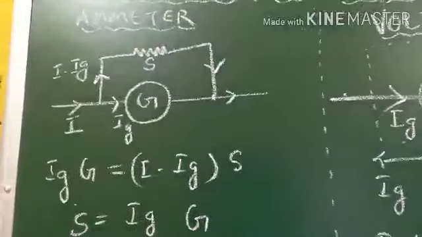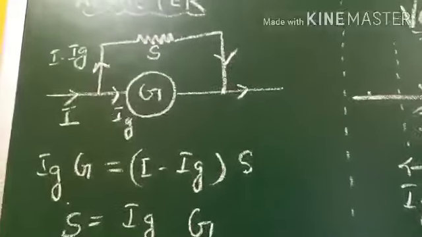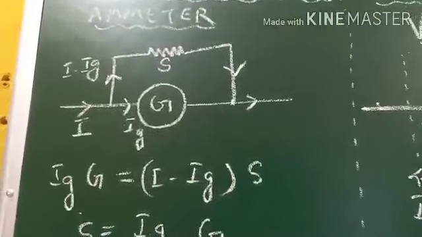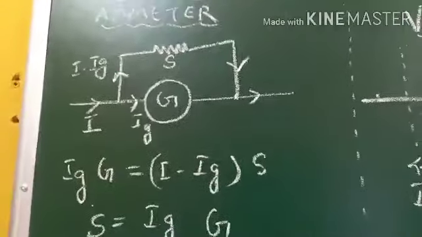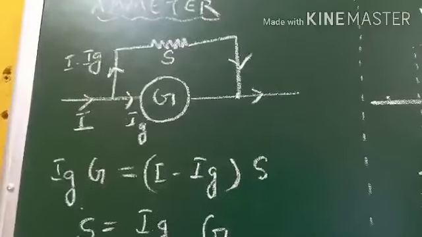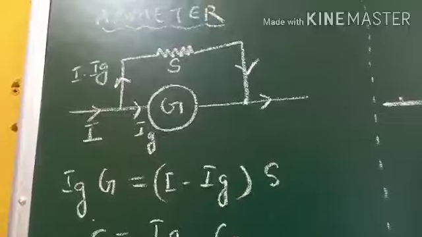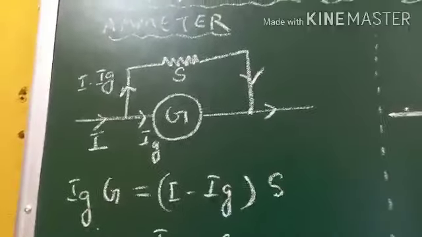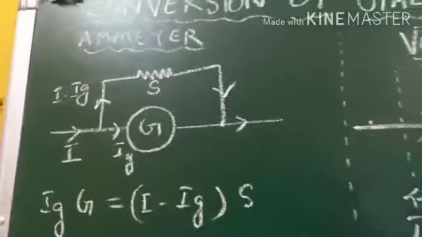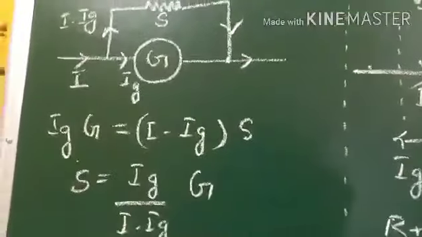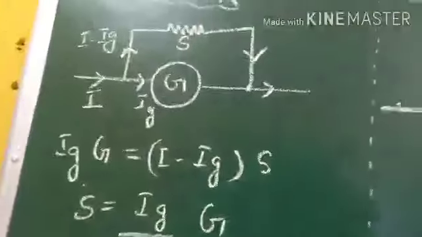Okay, children. Now we are going to see how the ordinary, very sensitive galvanometer can be converted into an ammeter. To measure large current using the galvanometer, we use a small resistance called the shunt resistance, which is connected in parallel with the galvanometer coil.